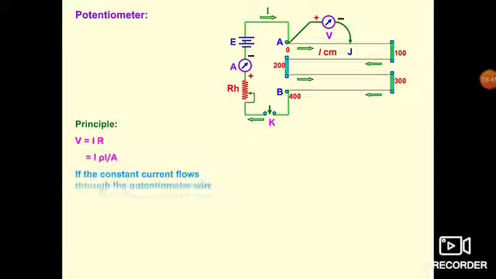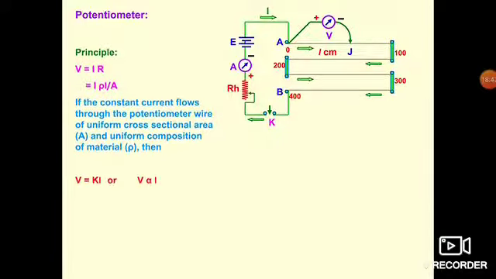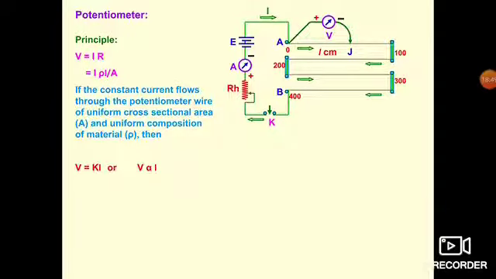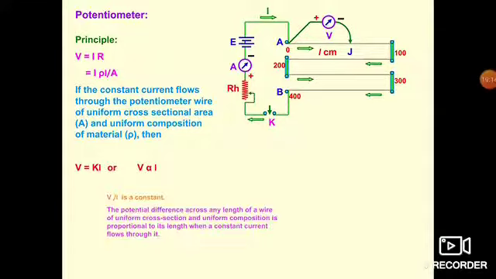Now the principle says what? V is equal to IR, and we know R is equal to rho L by A. If a constant current flows through the potentiometer wire of uniform cross-sectional area A and uniform composition of material rho, then V is equal to KL, or V is directly proportional to L. What it says actually, potentiometer working is that the potential across any section of the potentiometer is directly proportional to its length.